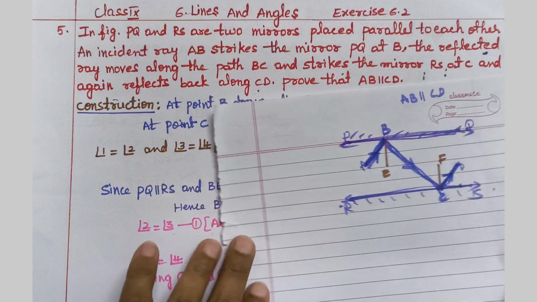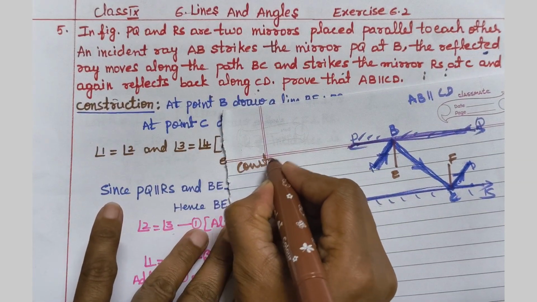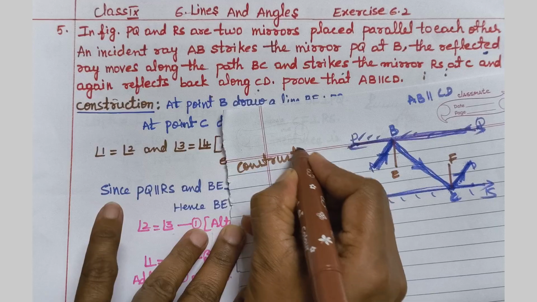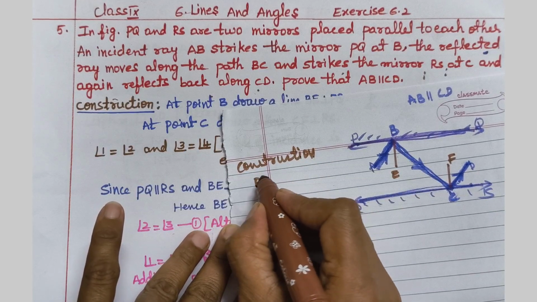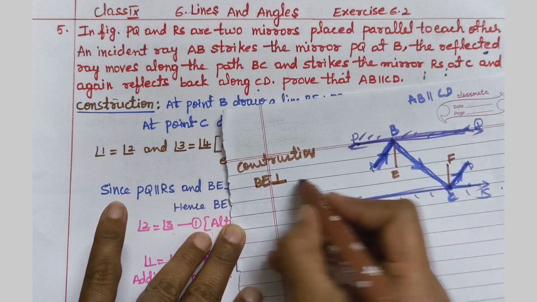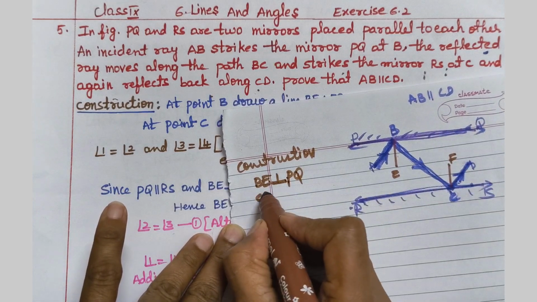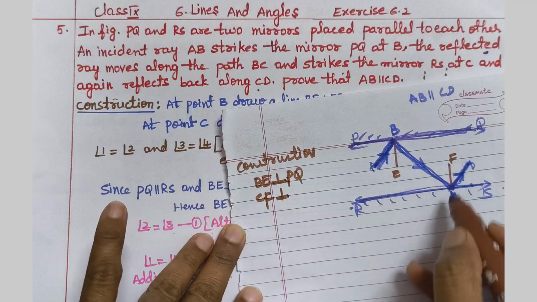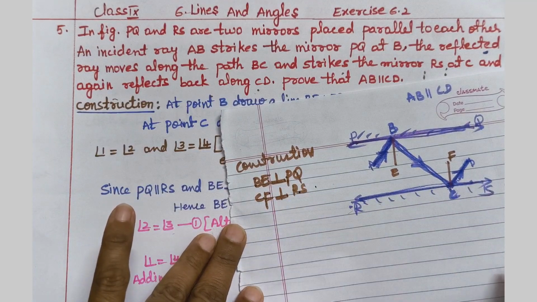First we will write the construction. BE is perpendicular to PQ. Next, CF is perpendicular to RS. This one you have to draw.